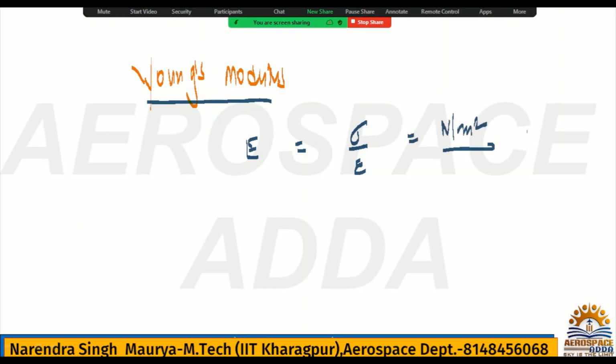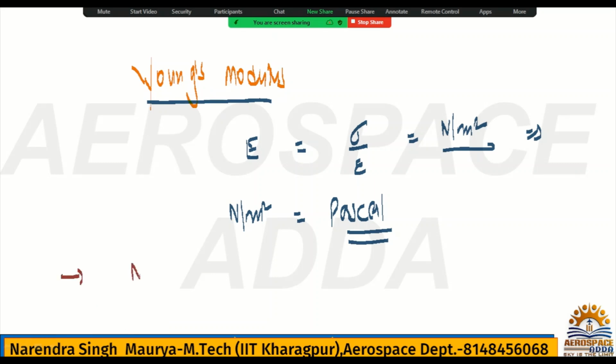Epsilon is dimensionless. So Newton per meter square is also called a Pascal. Always remember, this is the unit of Newton per meter square. It is also Newton per mm square.